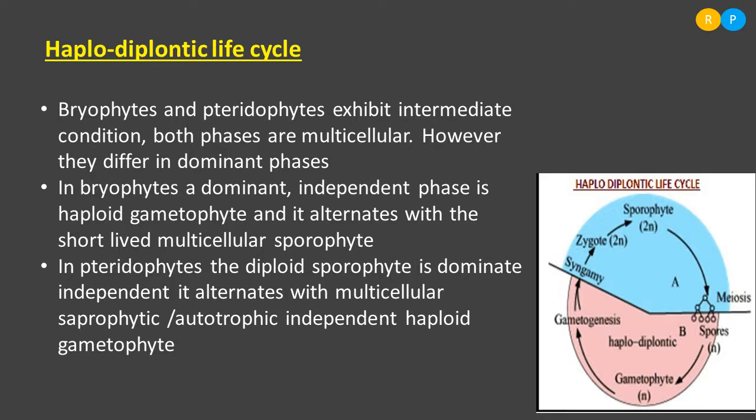But in both these groups of plants, the life cycle is showing multicellular haploid and diploid phases, and these two phases are almost equally distributed. Clear? Because of this, the life cycle is termed as haplodiplontic life cycle. Understood? By this, we end our discussion regarding the life cycle and alternation of generation.